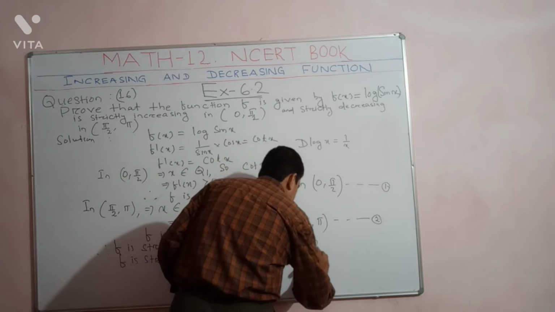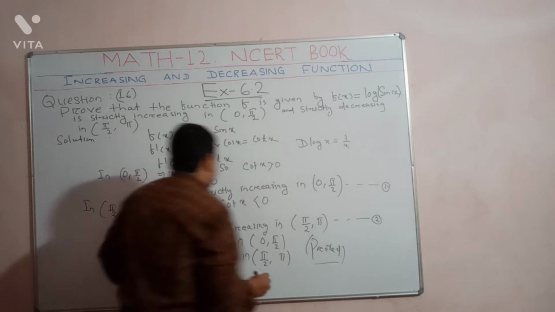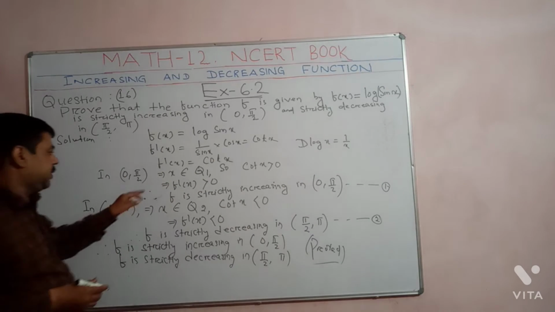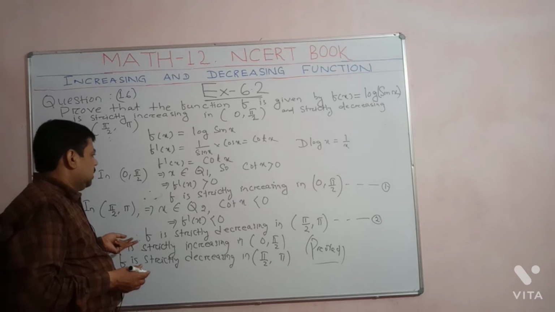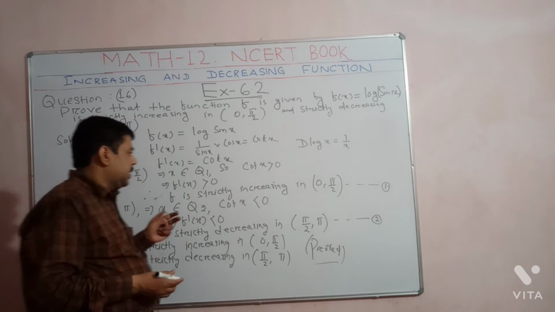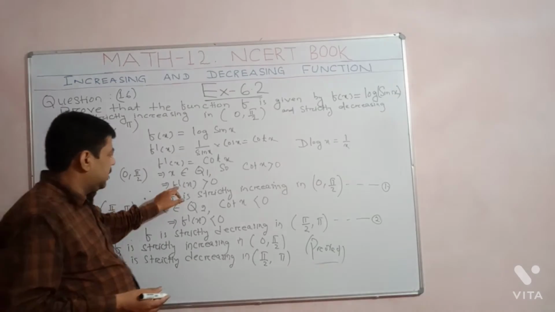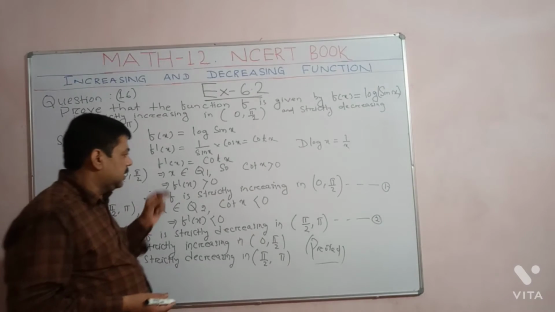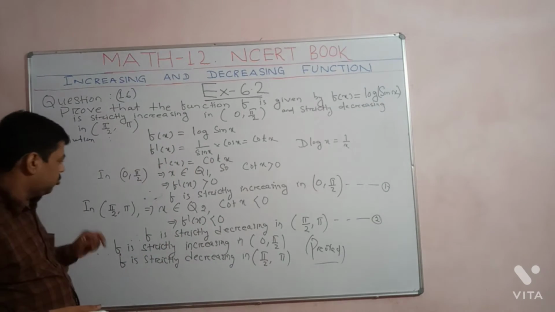Understand? Very simple. So whenever you are finding increasing and decreasing functions, students, first of all you have to find out the slope by finding the derivative. Okay, and after that you see in the given interval whether the function is increasing or decreasing. If the derivative f dash x is greater than 0 in the domain of the function, in that interval 0 to pi by 2, then the function is strictly increasing. All of you know.